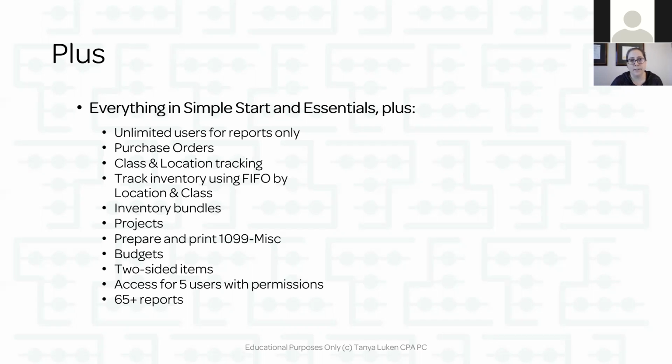I love class and location tracking, and the reason that I love it is because it allows you to subdivide your revenue and or expenses into what we call revenue or cost centers. So for example, let's say that you manufacture a product.